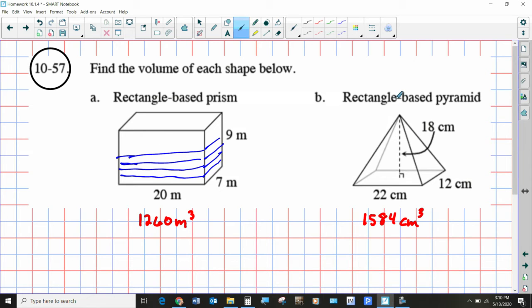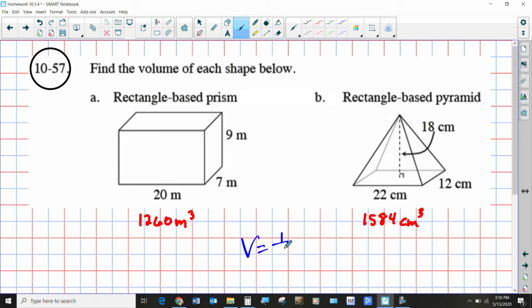And now we've got our rectangular based pyramid, but with a pyramid, it's not just base area times height, it's 1/3 the base area times the height. And in this case, our base area has to be on the bottom because it's a pyramid. So we're going to take 22 times 12. Let's just plug this into the formula.